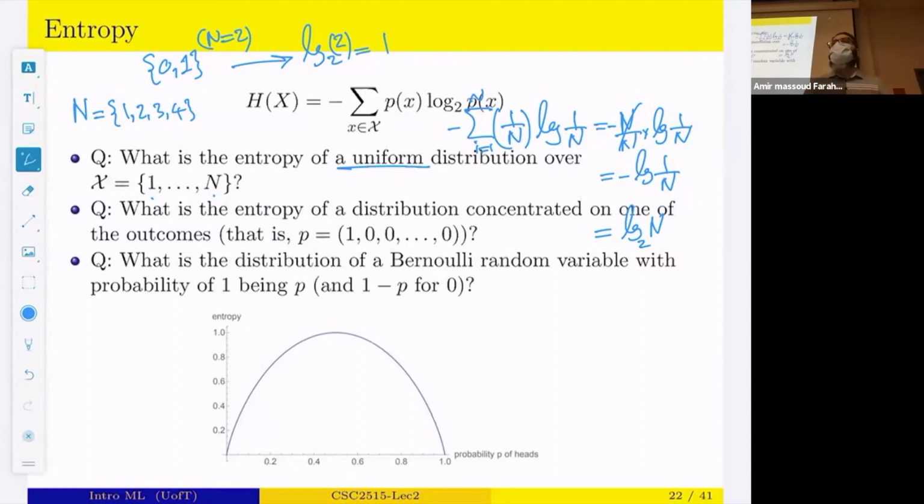Or you can think of it another way: this can be seen as 2 unbiased coins that you flip together. Each coin means 1 bit, so 2 coins mean 2 bits, which is compatible with what we have.